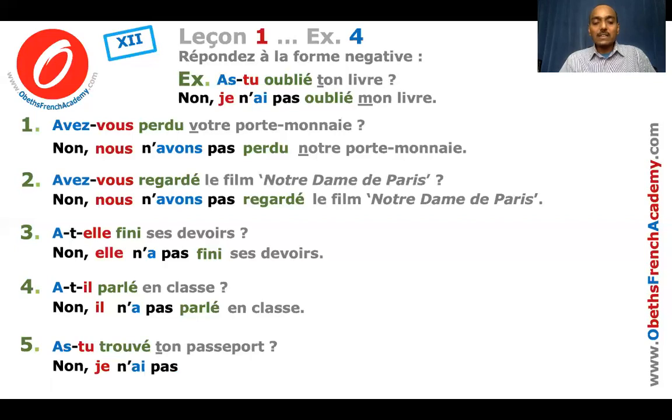And did you notice when the subject is tu, your avoir conjugation is as. But when the subject is je, your avoir conjugation is ai. And you put a negative expression. No, I have not found whose passport. When the subject is tu, it is ton passeport. But when the subject is je, it is mon passeport. No, I have not found my passport.